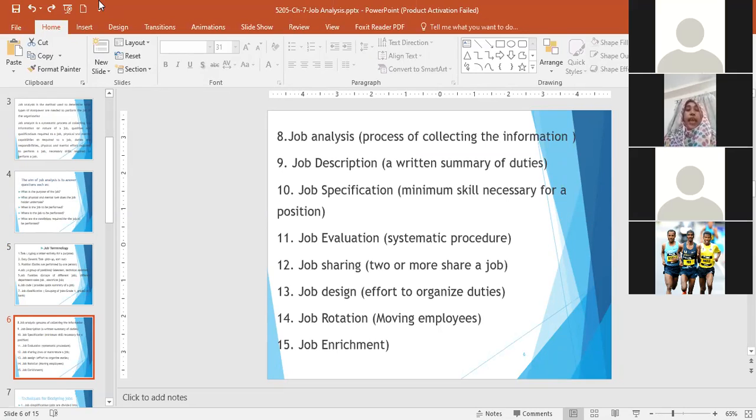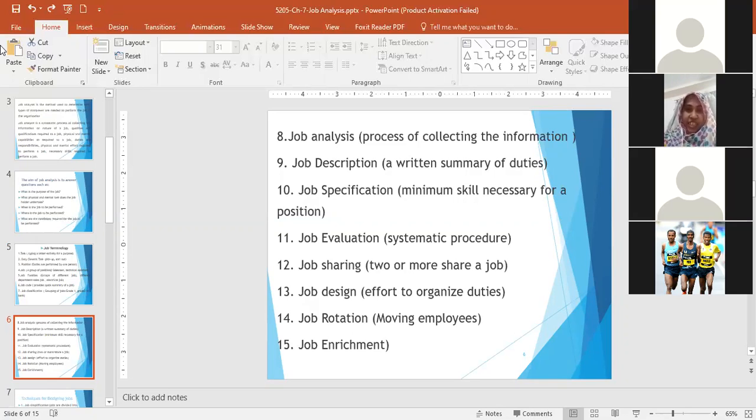And number 8 is job description. What do you mean by job description? A written summary of duties. When you search for any job, if you enter BD jobs, then you will get the circular.